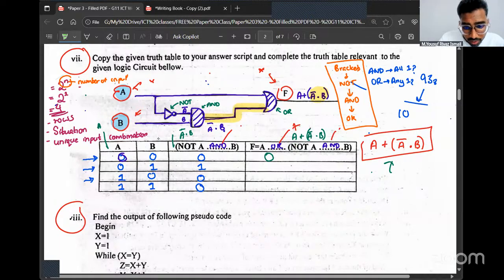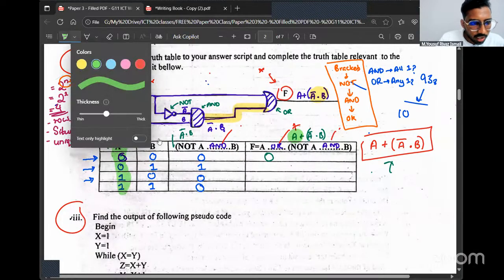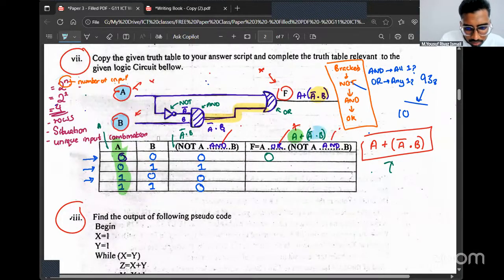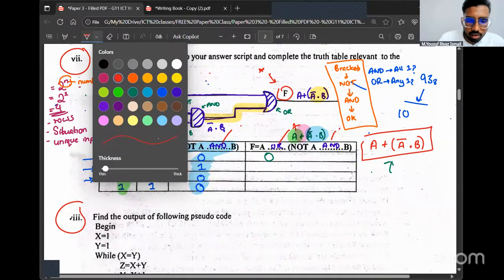The value of A is there in this column. The value of A dash dot B is there in this column. You're going to compare both of these using the plus operator, where plus is representing the OR gate. So you compare the blue color column and the green color column and check: is either one of the inputs 1?